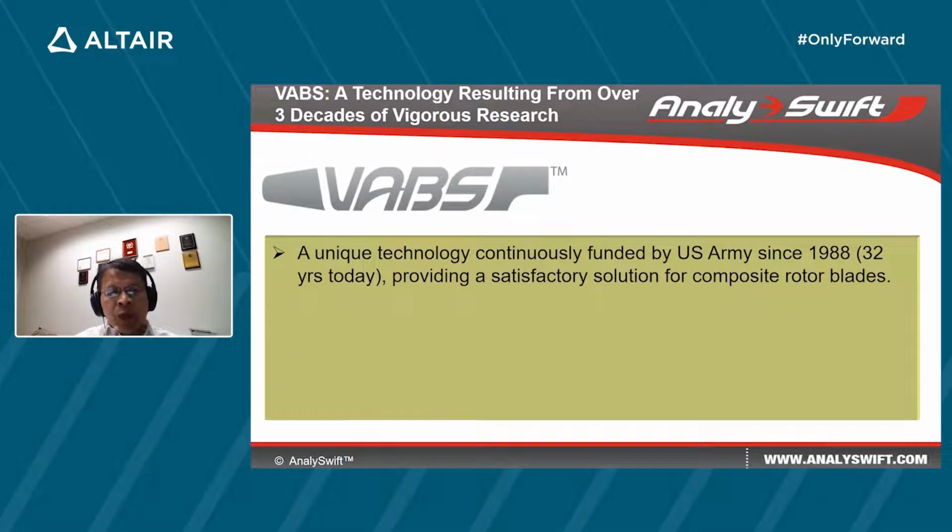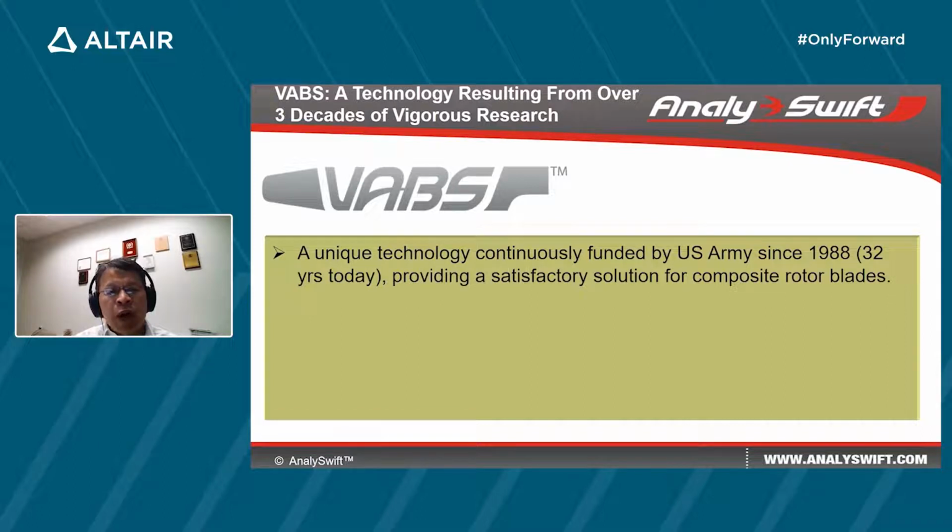VABS, although it's a computer code, is not yet another software. It's a unique technology that has more than 30 years of vigorous research as its foundation. It has been funded by the US Army since 1988, which is 32 years today.